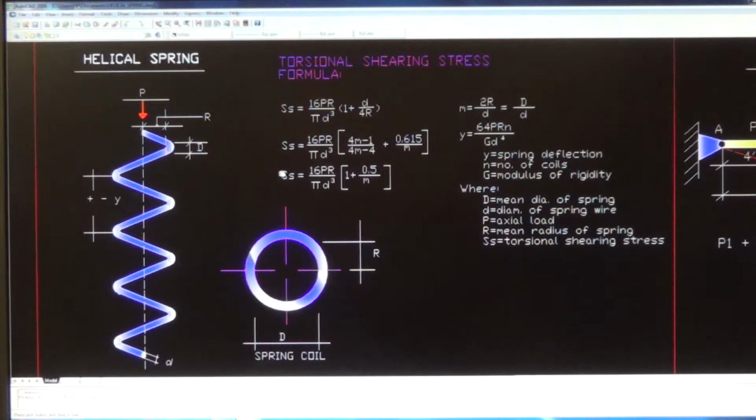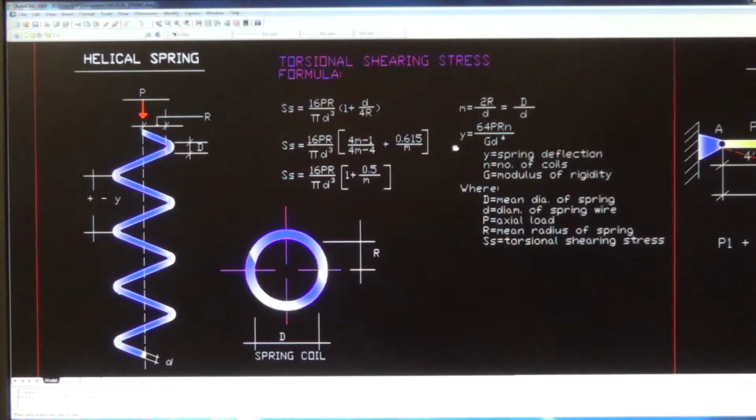And the second, by the way, the y here is formulated as 64PRN. The n here is the number of coils. Depending on how many coils you have, the y here is the deflection for one coil, and if you have several coils, you multiply that by the number of coils, you get the total deflection of the spring.